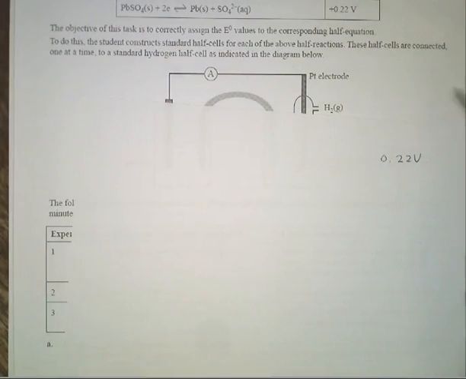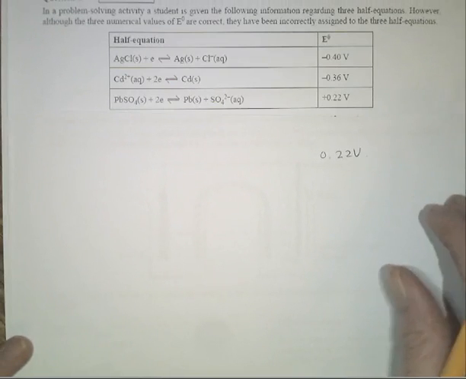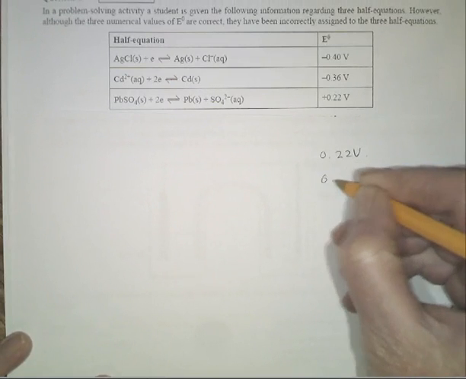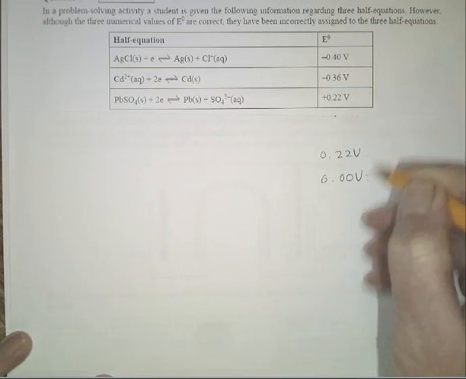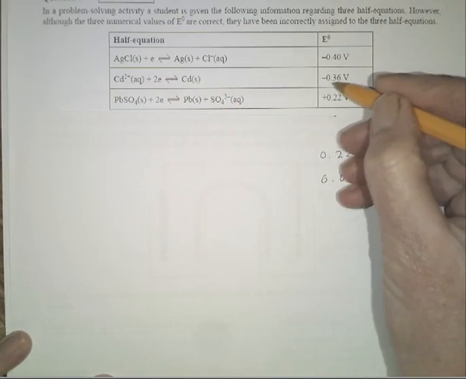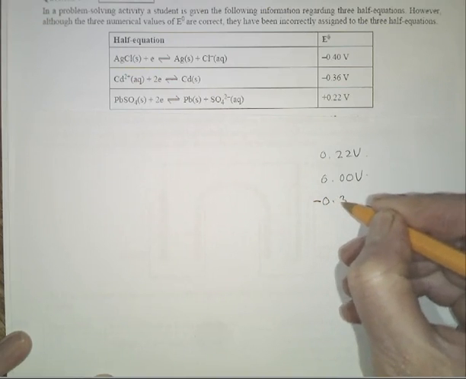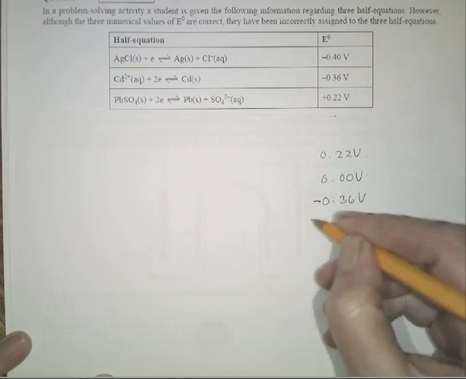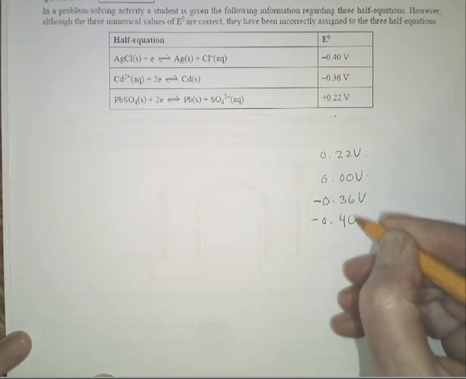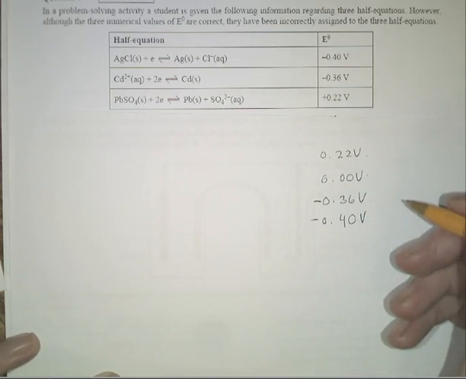So if we put that in order too, we're going to have one that's 0.00, and this smallest negative number is the most positive, and the largest negative number is the most negative.